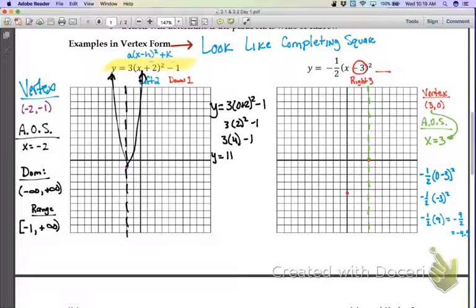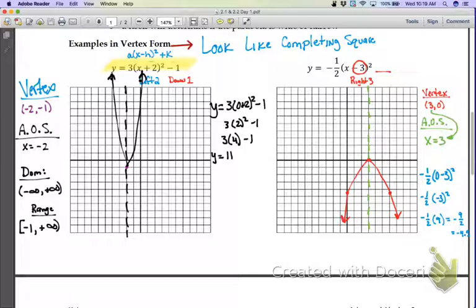So now do I have another spot on my graph? Yeah. Where's it going to be at? Yeah, at 6, and it's going to be right there in the middle. Just give it a little bit of a curve.